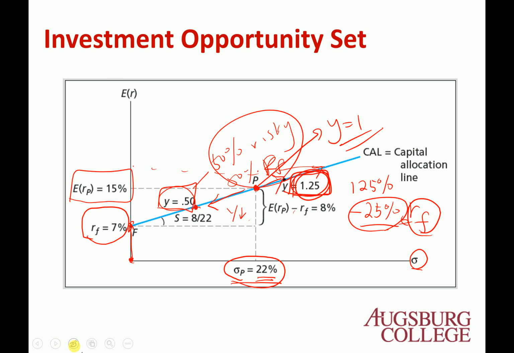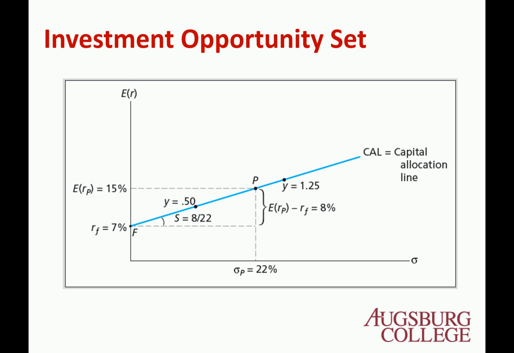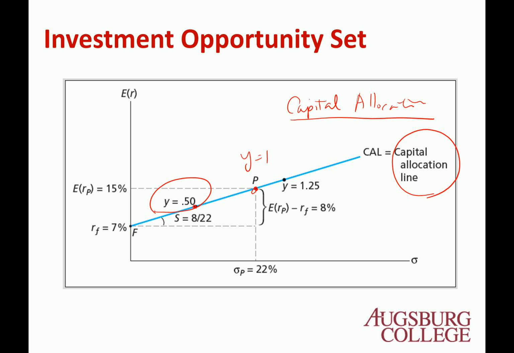And this line is called the capital allocation line. So that's the capital allocation, right? Capital allocation again is to determine how much risk-free asset and how much risky portfolio you allocate. This is when Y equals 1, and this is when Y equals 50%, so 50-50, and this is 125% Y in the risky asset and negative 25% in the risk-free asset.